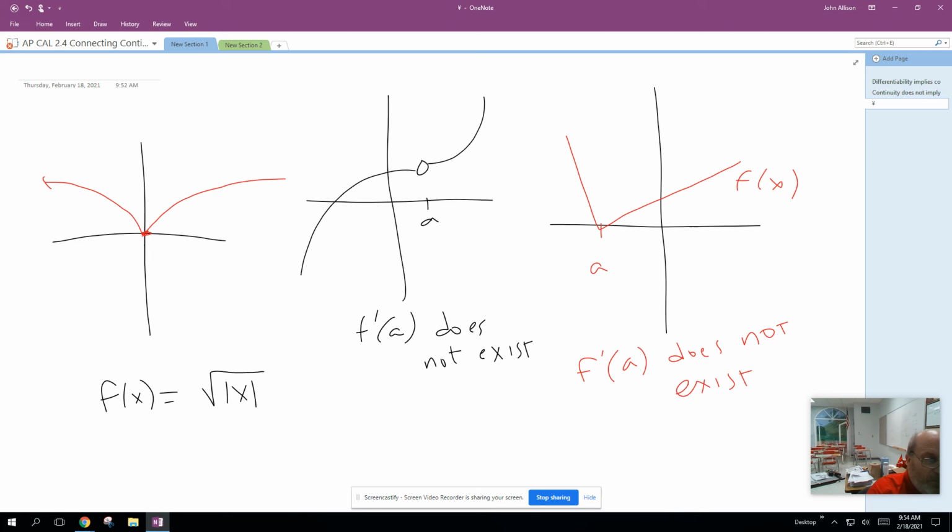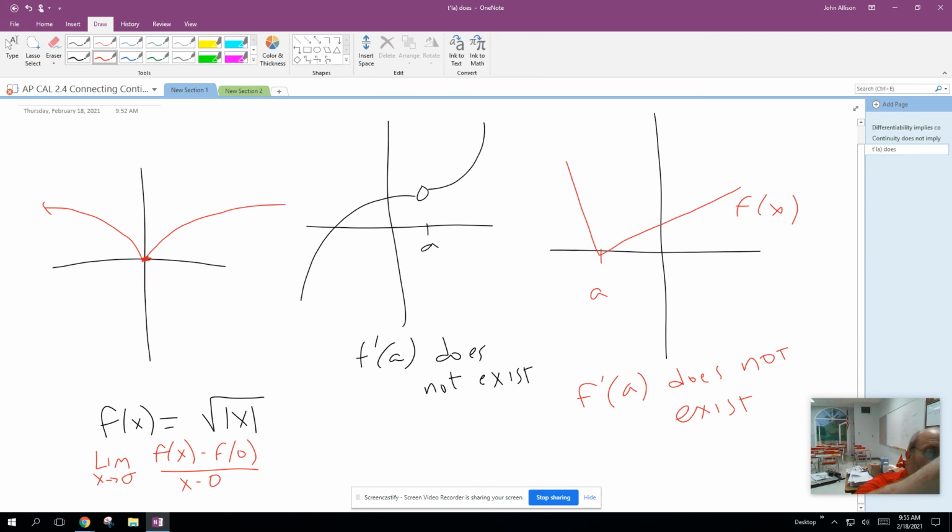So it's continuous on its domain, but if we look at the limit from the left of f of x minus f of 0 as x approaches 0, then we're looking at the slope of the tangent line. And we can see that that tangent line is going to be negative as we get to 0 because the derivative is going to be negative on the entire part of the domain where x is less than 0.